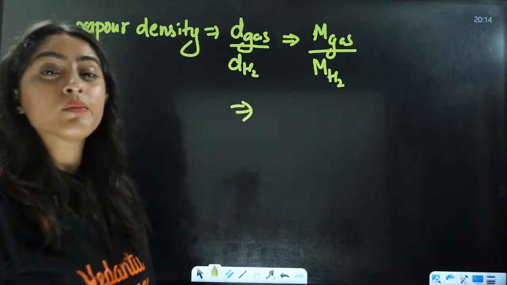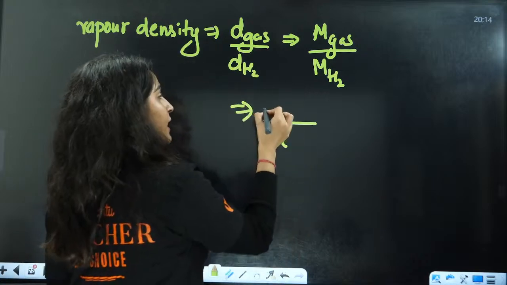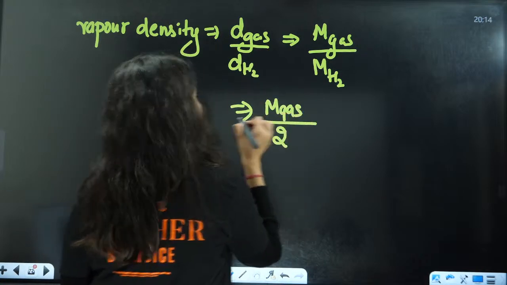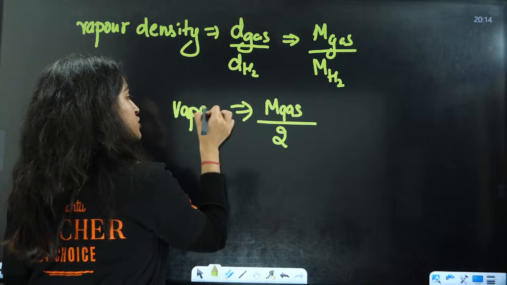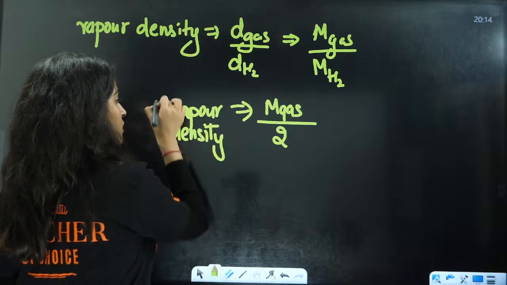Now what is the molar mass of H2? The molar mass of H2 is 2 here, and this is the mass of gas. So this is the relation for vapor density.